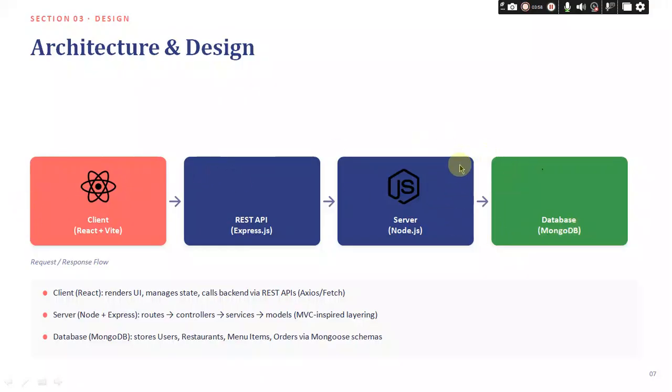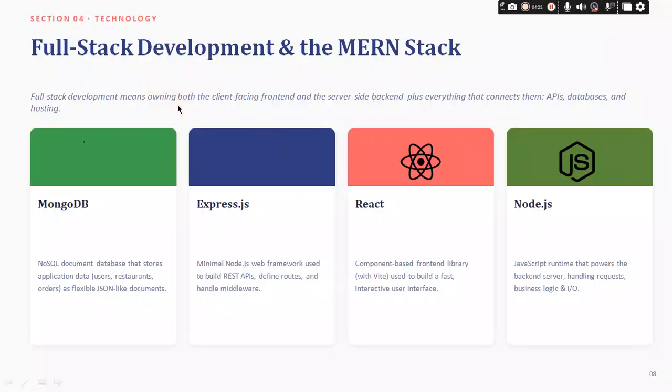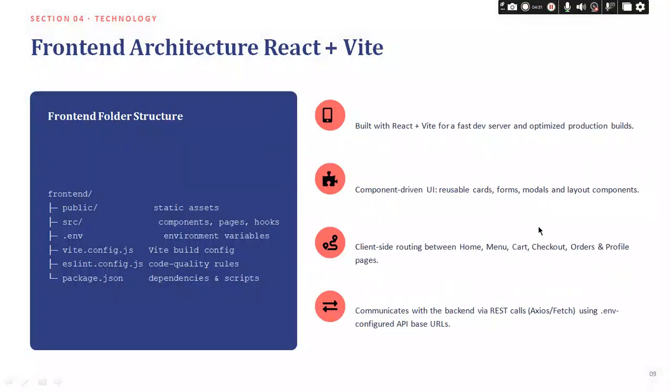For these three we have a mediator which communicates between all of them: the client side React, the server side Node.js, and the database side MongoDB, which is REST APIs made in Express. So this is the architecture and design. Basically, we are using one stack: MongoDB, Express, React, and Node.js.